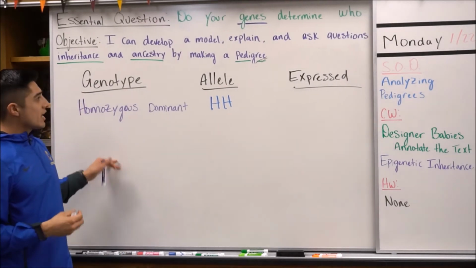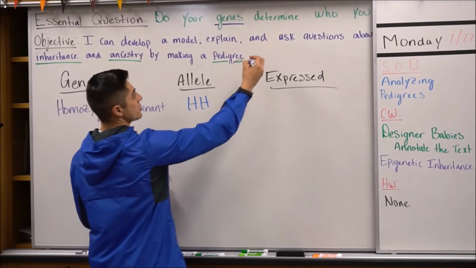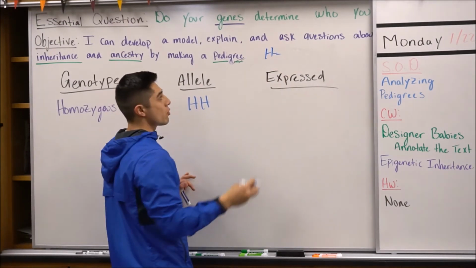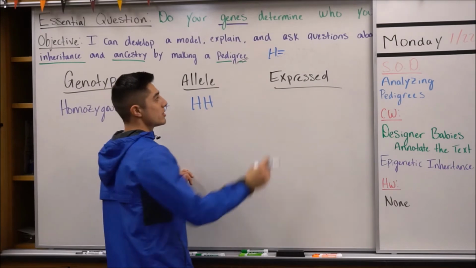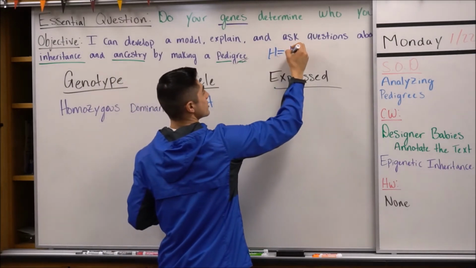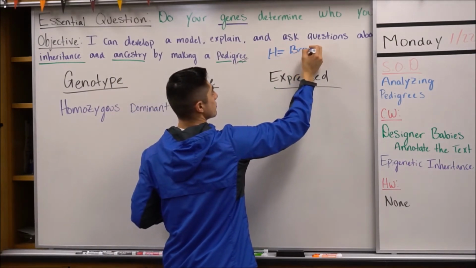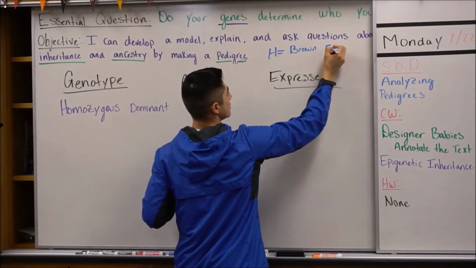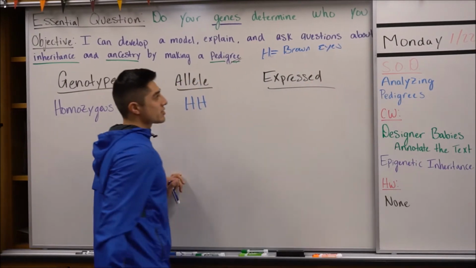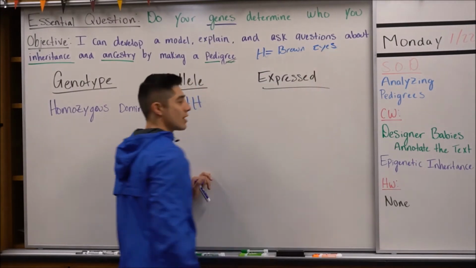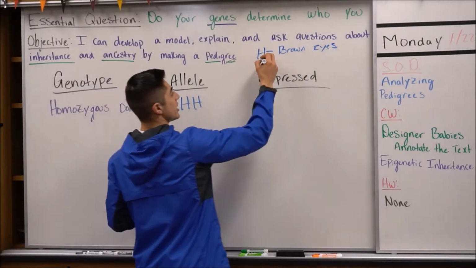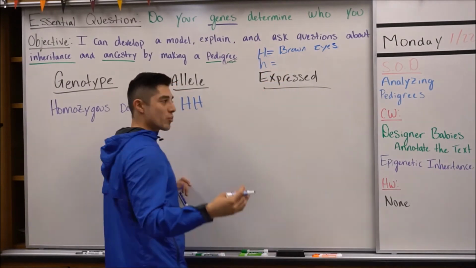Let's just say for right now that uppercase H is for eye color. Uppercase H is going to be brown eyes, since brown is a dominant eye color. We're going to say lowercase h, just for right now, represents blue eyes.